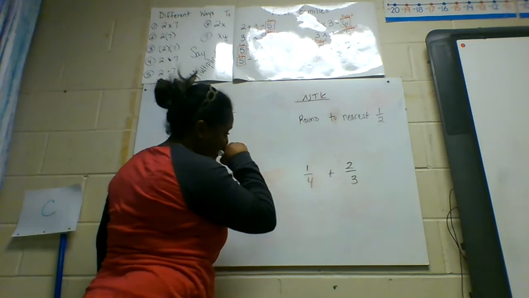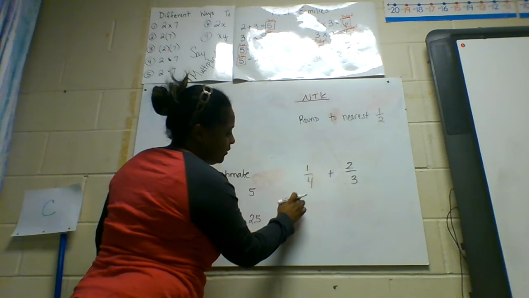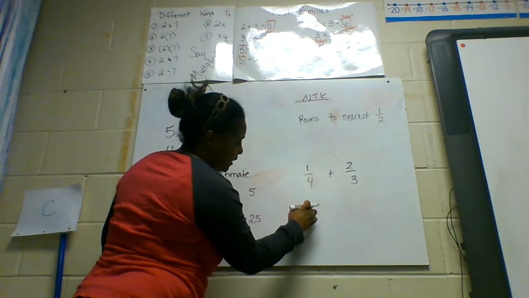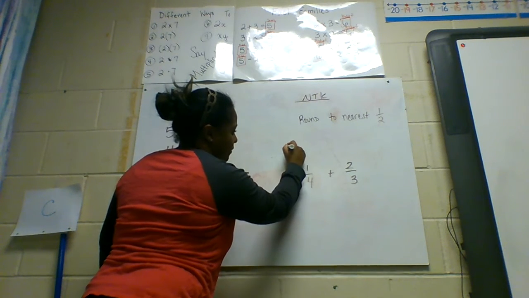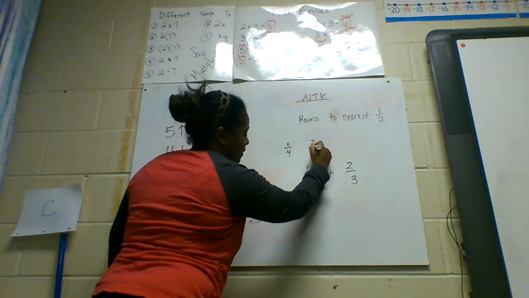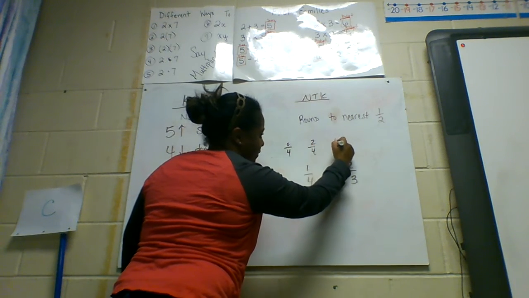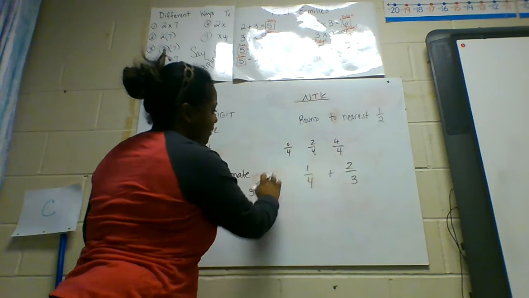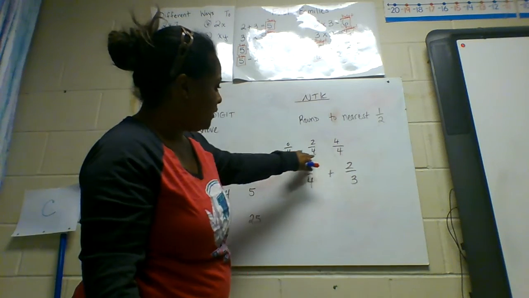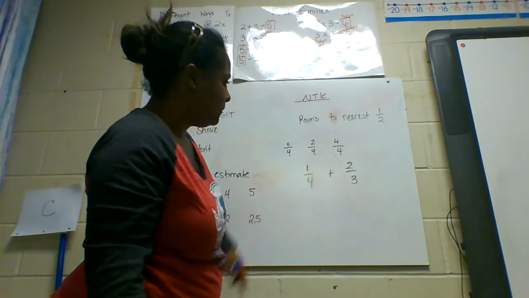So let's look at what our 0, 1 half, and 1 whole would be for 4. So 0 over 4, 2 over 4, and 4 over 4 are the benchmark fractions of 0, 1 half, and 1 whole. Okay?